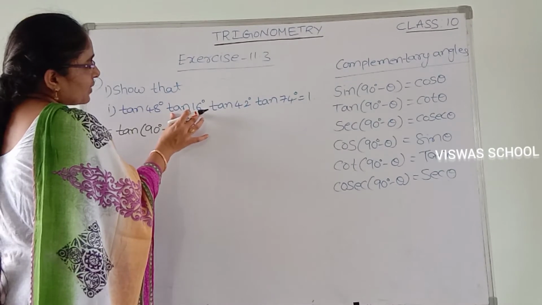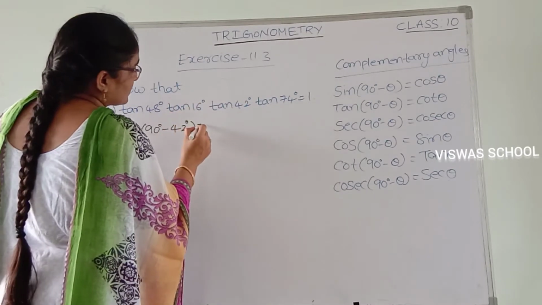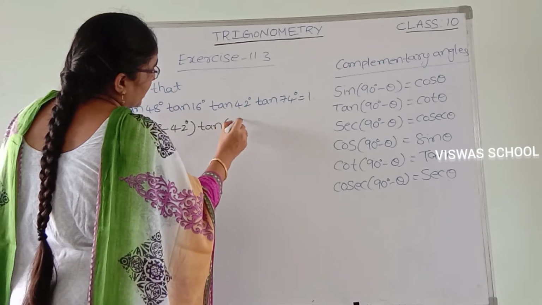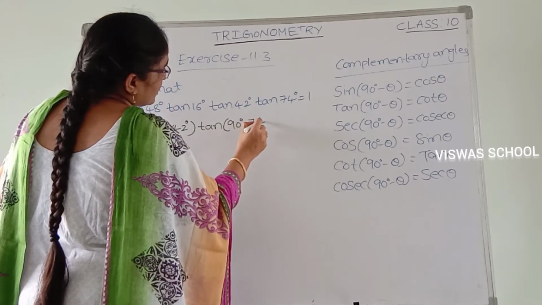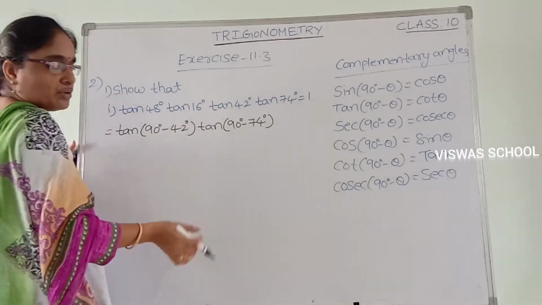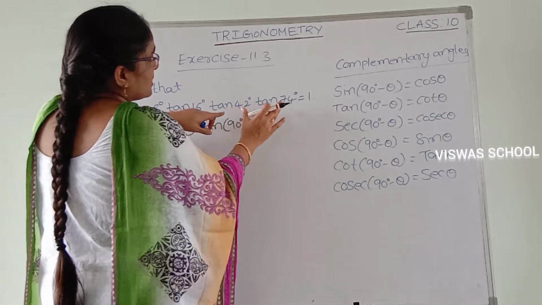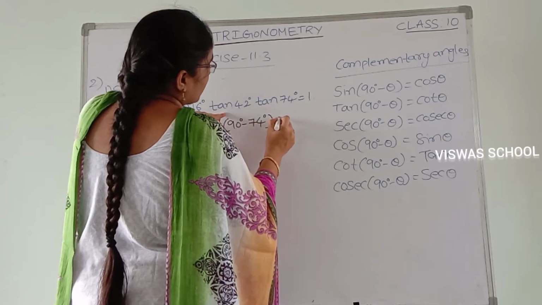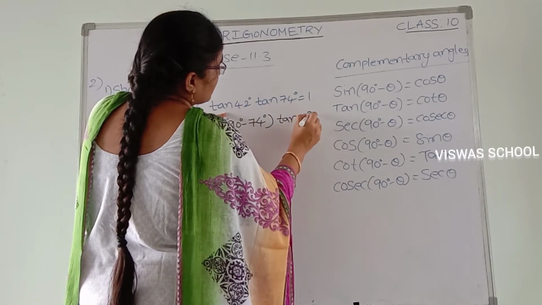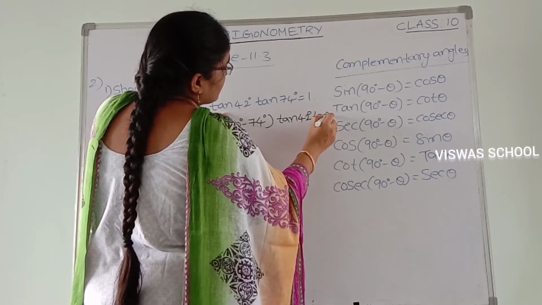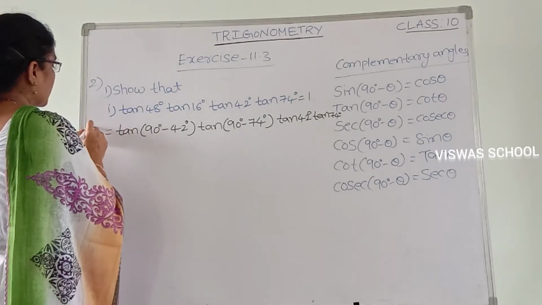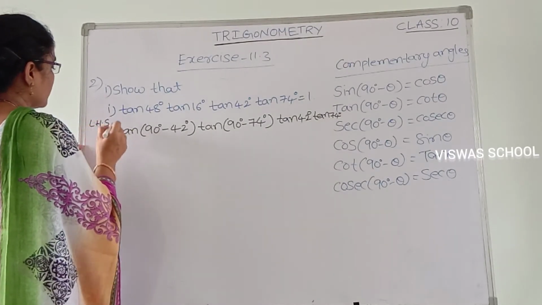Then tan 16, write this as tan of 90 degrees minus 74 degrees, since 90 minus 74 is equal to 16. And tan 42, write this as it is, and tan 74 degrees. This is the LHS part.